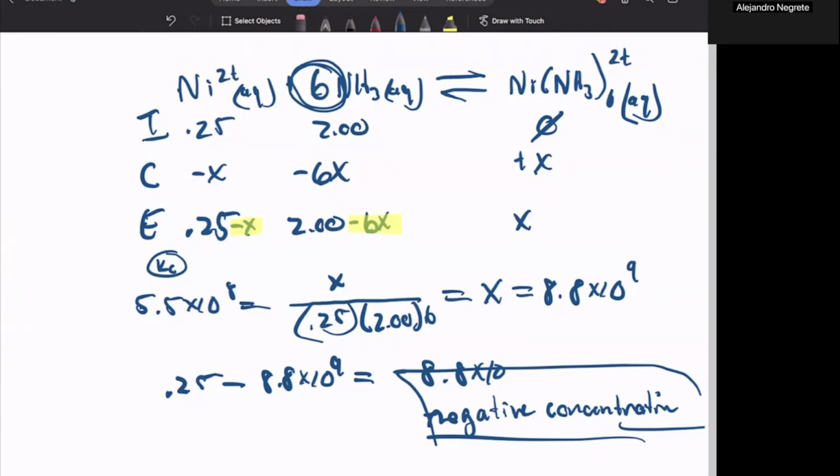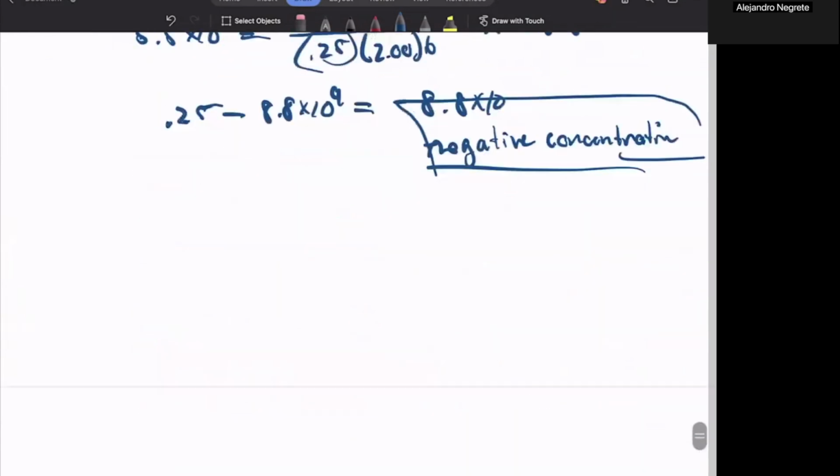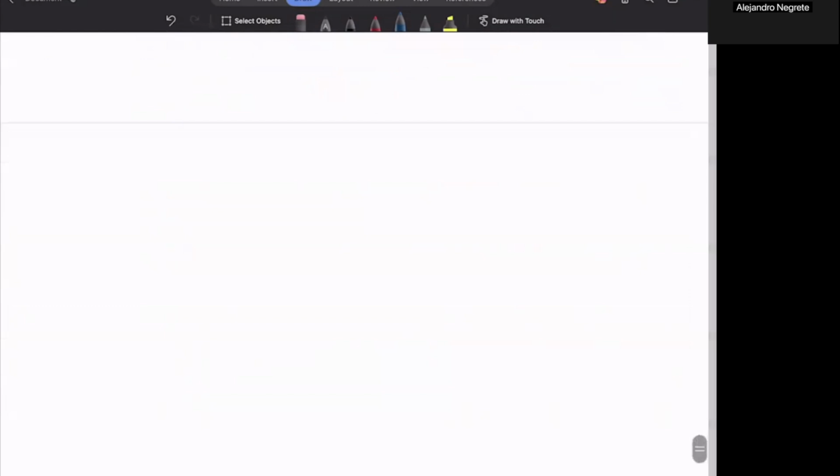Now, this reaction, 5.5 times 10 to the 8th, is much greater than 1. When we have a constant that high, we have to do what's called an all product starting point.